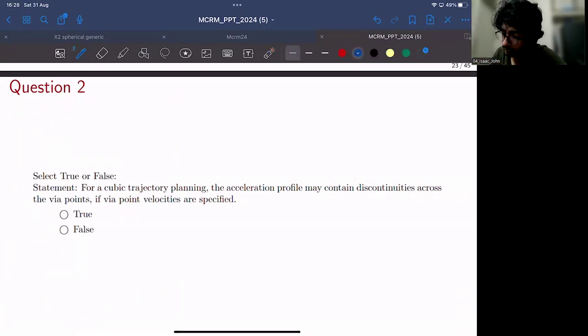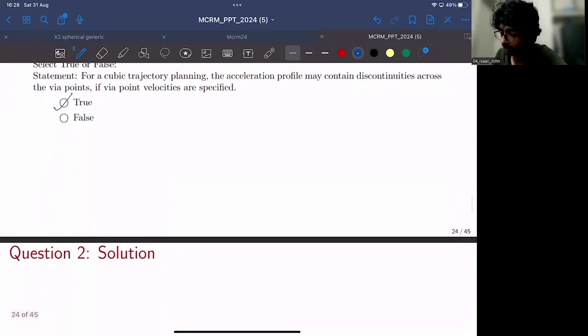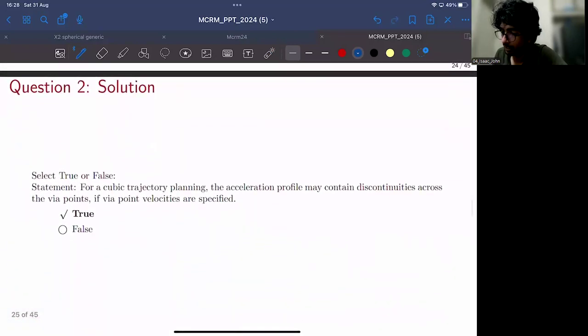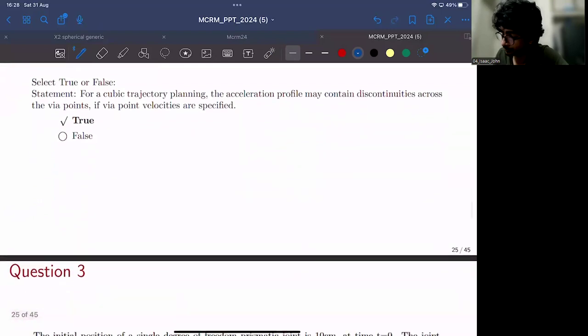There will be discontinuities. So that is true. The statement is indeed true. We discussed it in the beginning of our lecture, but please always let me know if you have any concerns.